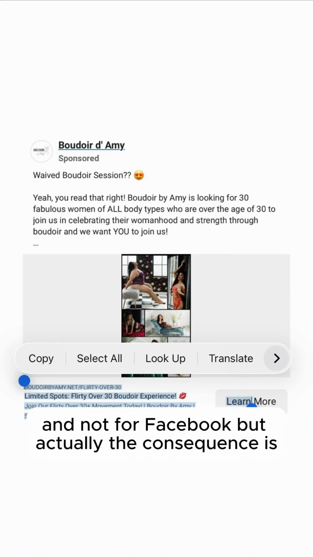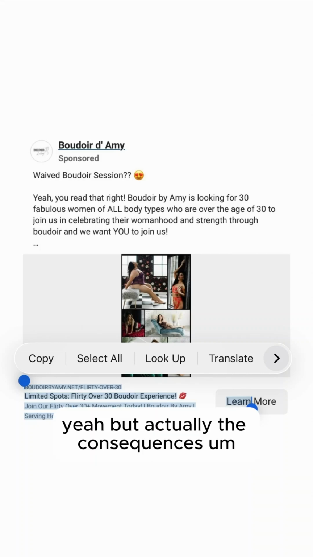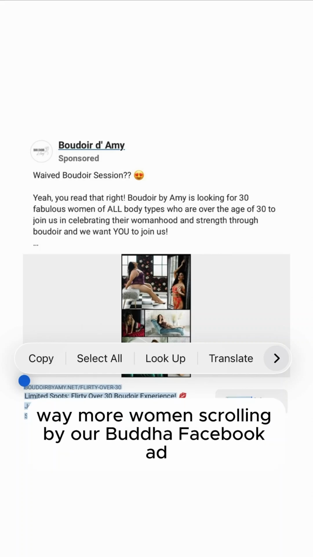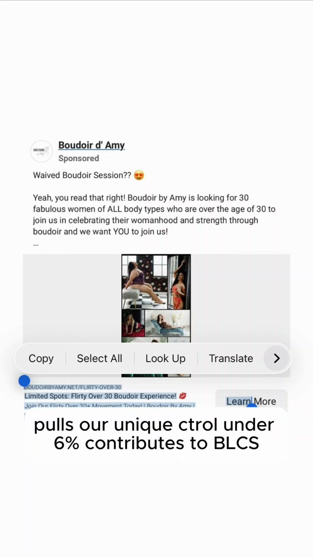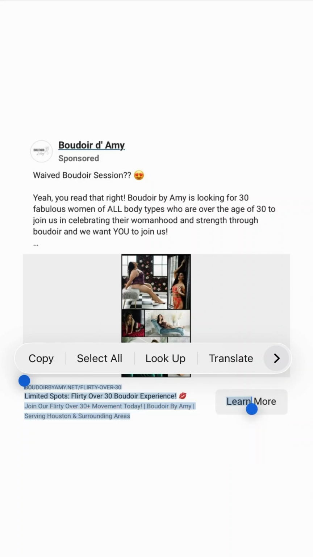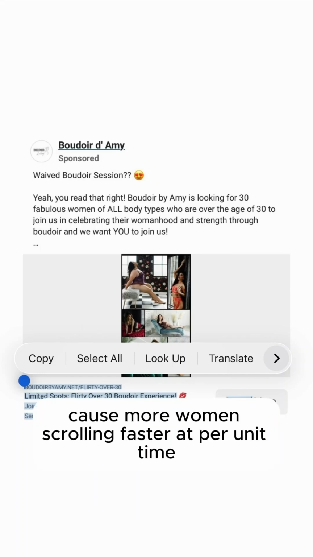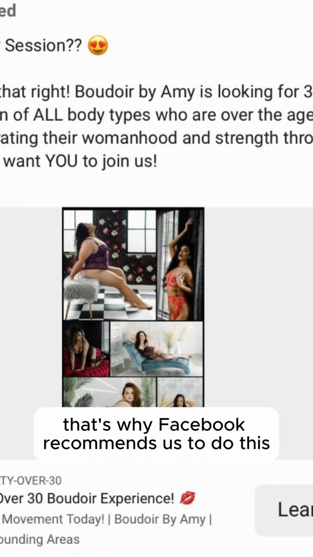But actually the consequence is way more women scrolling by our Boudoir Facebook ad than necessary, which pulls our unique CTR all under 6%, contributes to BLCS, Boudoir low click syndrome, and Facebook actually makes more money per unit time from this because more women are scrolling faster and Facebook can serve more ads per unit time. That's why Facebook recommends us to do this.